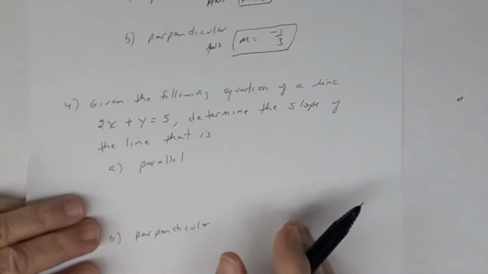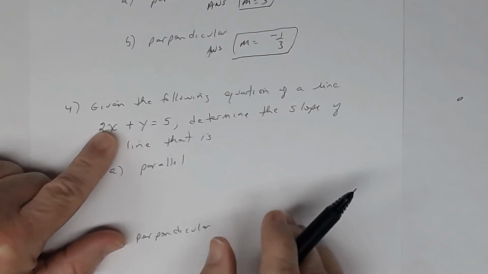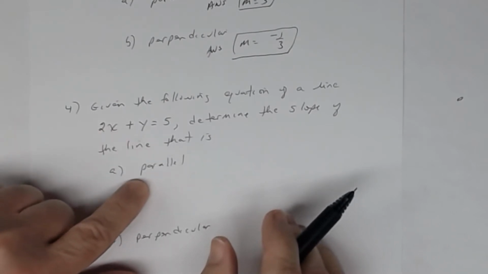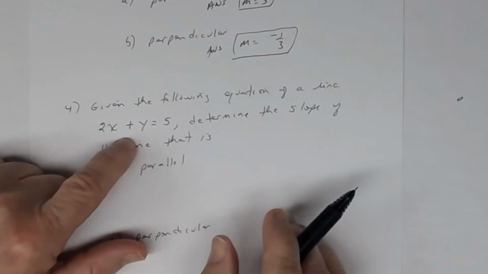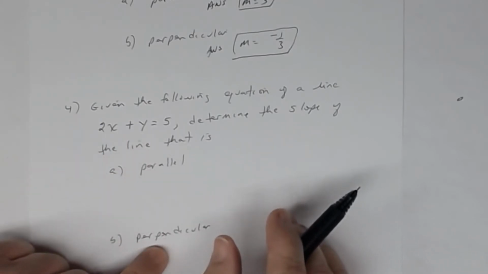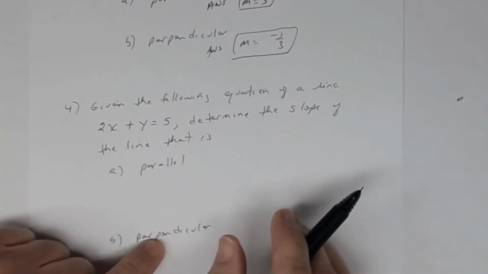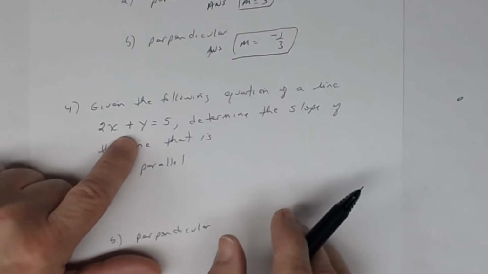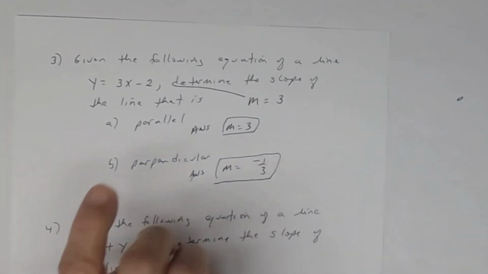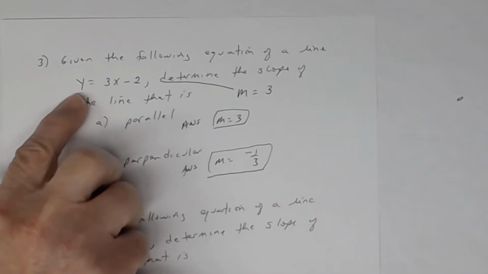Number 4. Now, number 4, you're given this line right here, right? And you want to determine, if you have lines parallel to this one, what would be the slope of those parallel lines? If you have a line perpendicular to this, what's the slope of that perpendicular line? All right, well, what do you notice about this one compared to the others? Well, in the first 3, you notice that it was already in slope-intercept form.